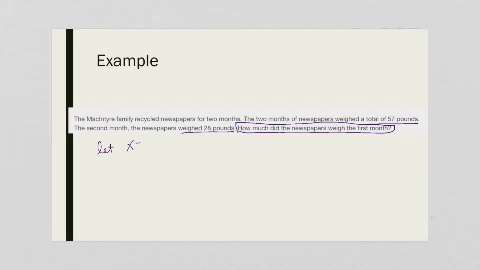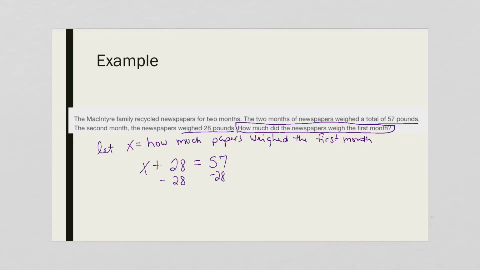Let x equal how much the papers weighed the first month. And so I know that x plus the second month's is equal to 57 pounds, because it said the 2 months weighed a total of 57 pounds. So now to find out how much they weighed that first month, I would subtract 28 from both sides.